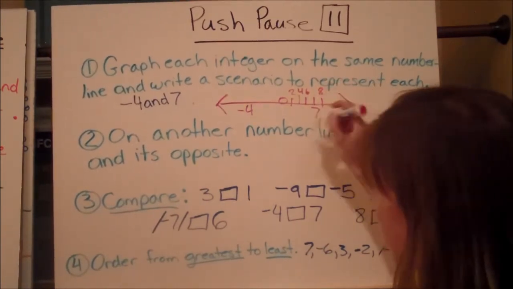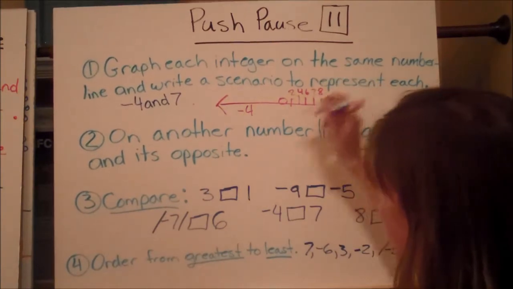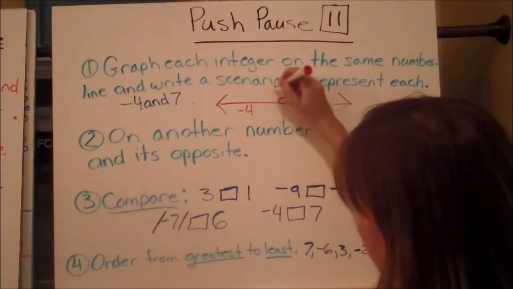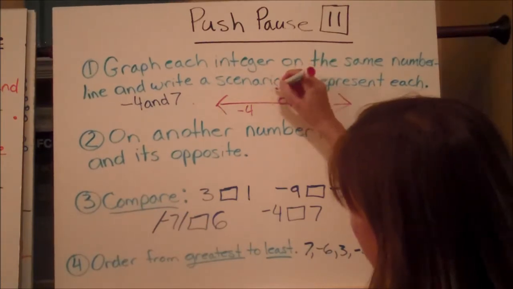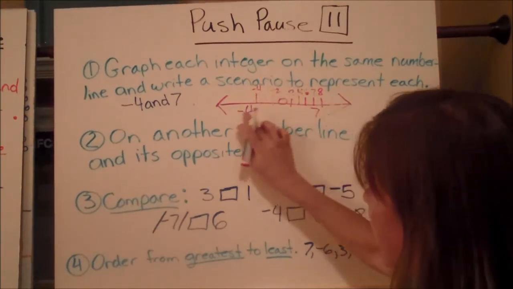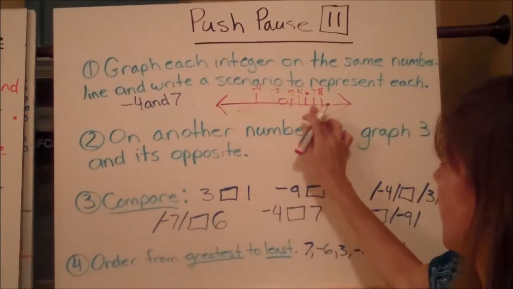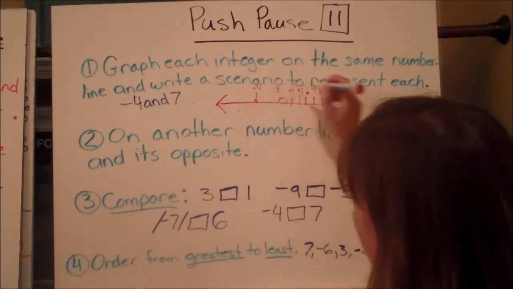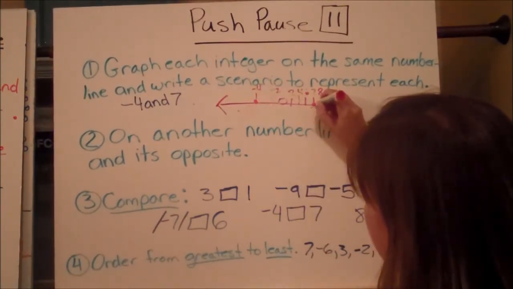And here's my 7. And then 2, negative 2, and 4, negative 4. Okay, so I've graphed those on the number line, and by putting a dot, I graph them.